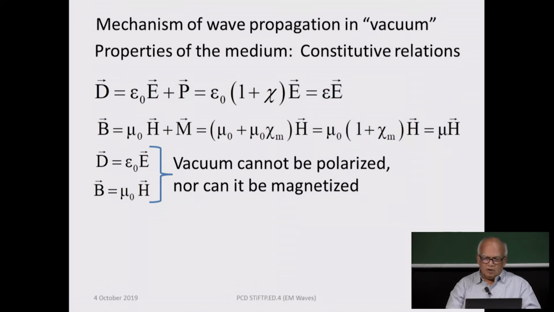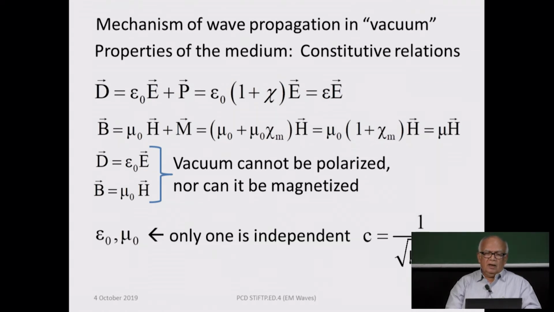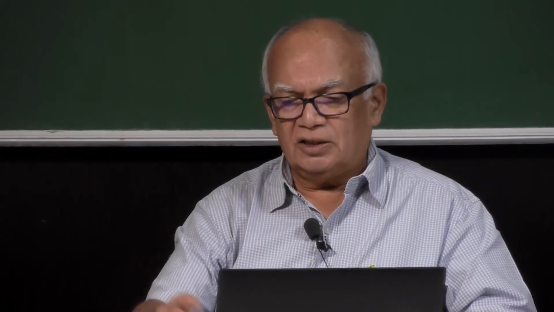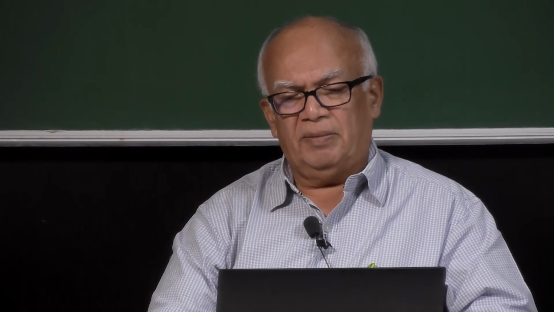Okay? So now the question is, how does energy propagate? What is the mechanism? Okay? Now you have to remember that c is a fundamental constant. So between mu 0 and epsilon 0 there is only one which is independent, because the other is automatically determined by the fundamental constant of nature, which is the speed of light.